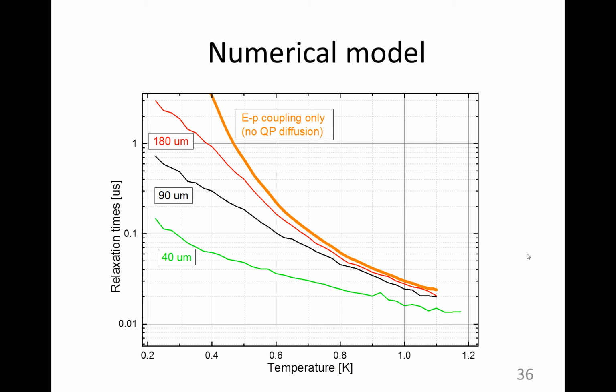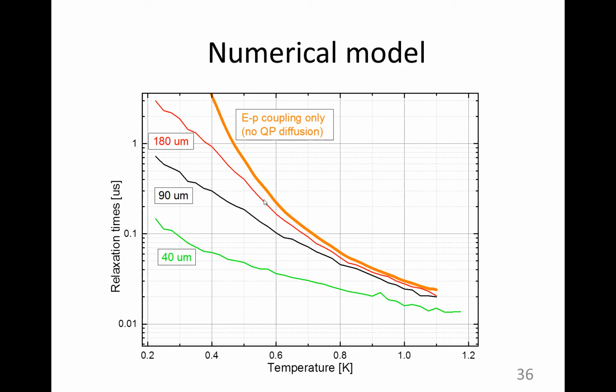So these are the relaxation times, temperature dependencies for different lengths of our structure, because the effectiveness of the diffusion will be modulated by this length. If our structures are relatively short, we expect that the relaxation would be quicker, because the diffusing quasi-particles will need less time in order to leave the structure of our choice.